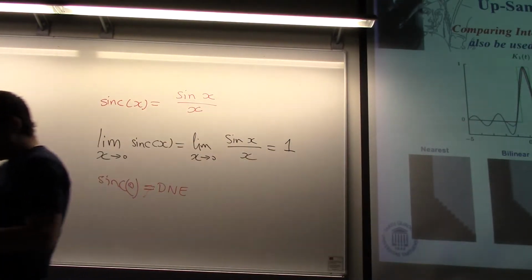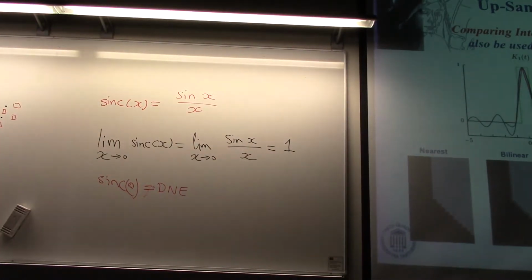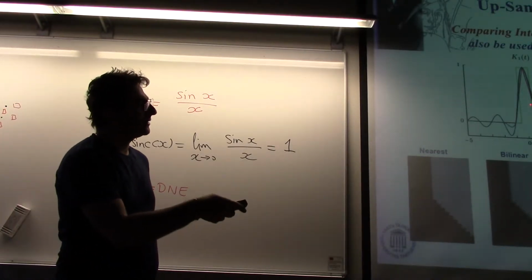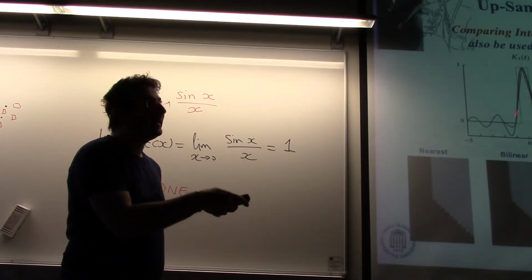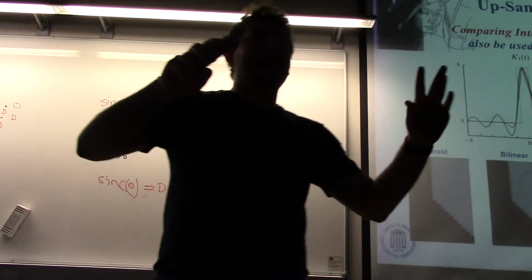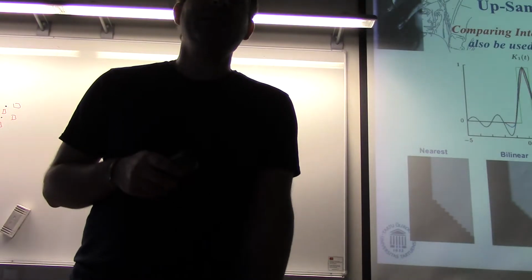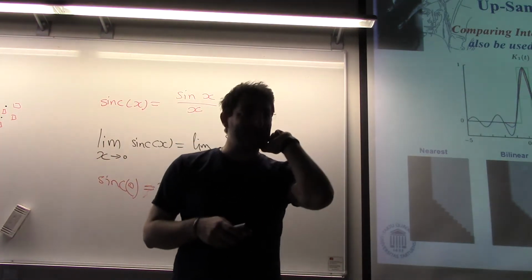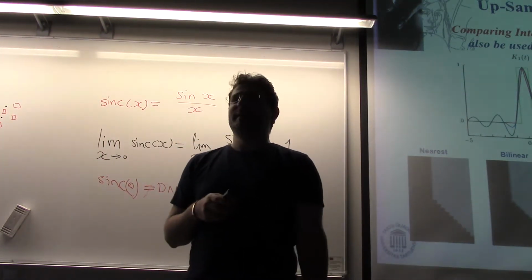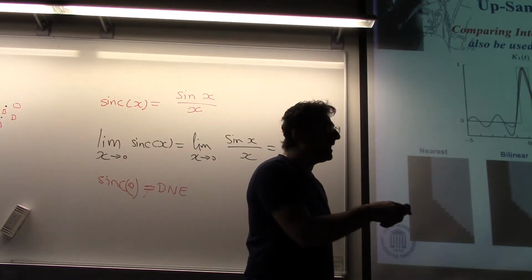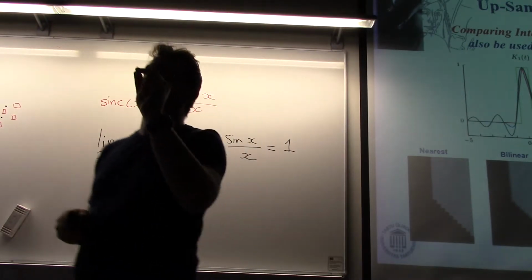So, again, this is a very good kernel. Look at the shape. Is it a periodic signal? It is not a periodic signal, but it's kind of periodic. It's periodic in the sense that you can see where the zeros are happening.